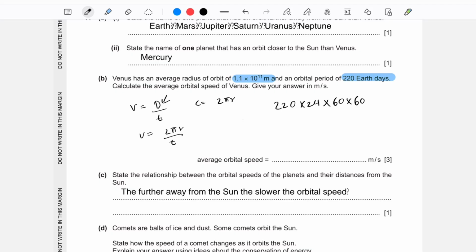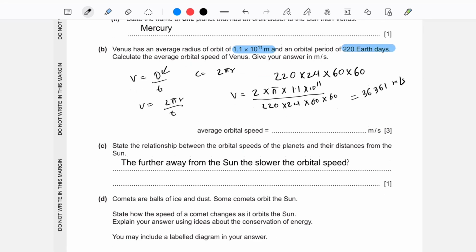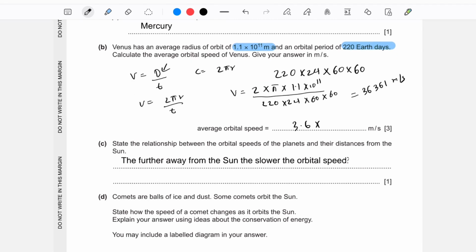So when we put this together, you would get, and that can be written as 3.6 times 10 to the power 4, and the unit is given. State the relationship between the orbital speeds of a planet and their distance from the Sun. The further away from the Sun, the slower the orbital speed.